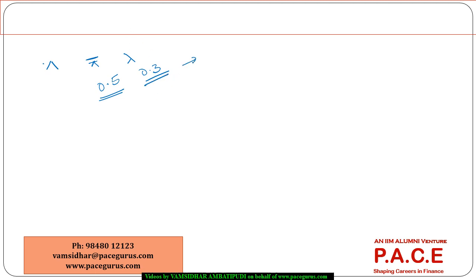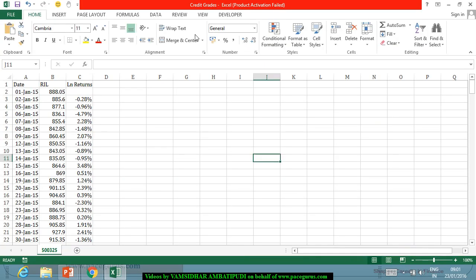Or you can estimate the standard deviation based on the implied volatility of the option or the historical volatility of the underlying, and use that as the volatility of the uncertainty as well. Now all these things can be taken into an Excel spreadsheet, which can help us find out the probability of default.